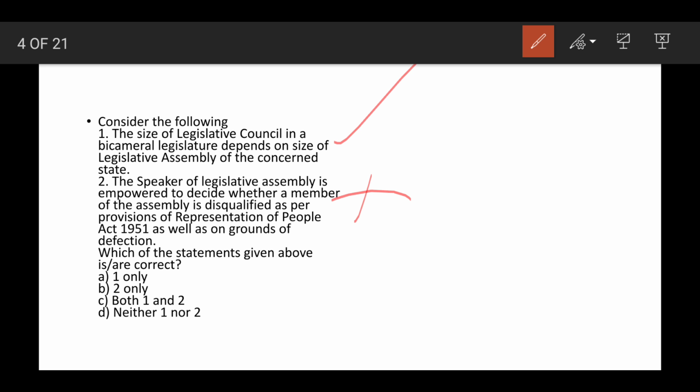The Governor acts accordingly on the Election Commission's opinion.